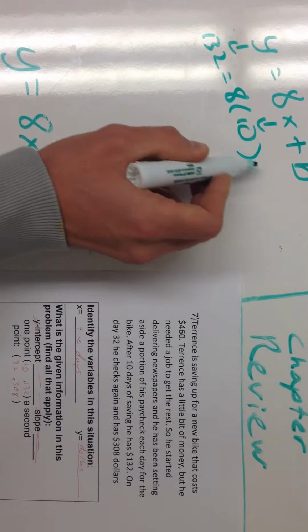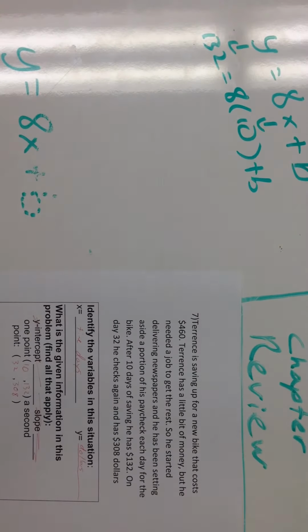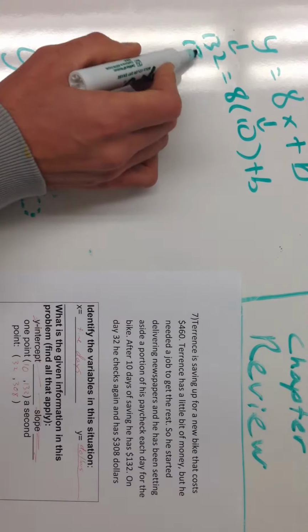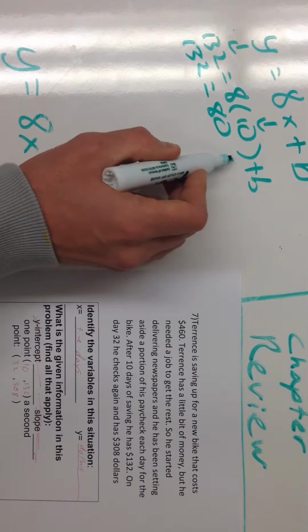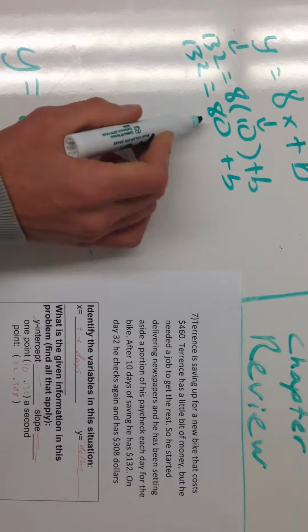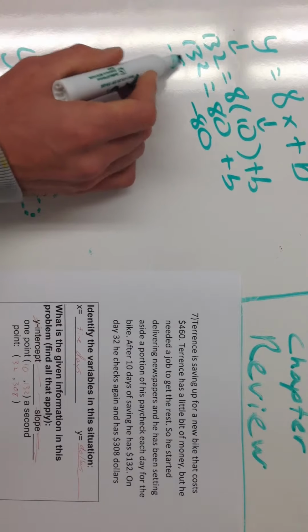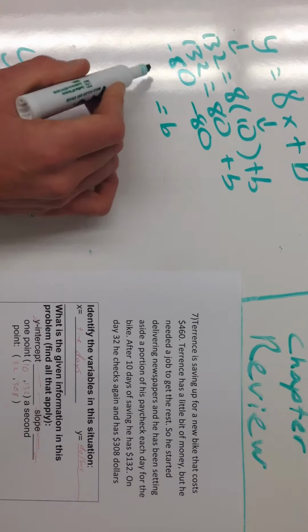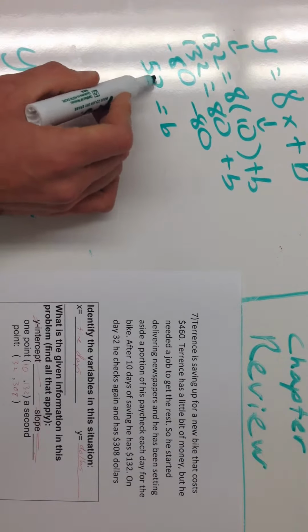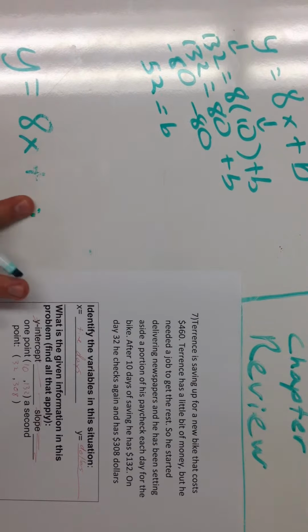Everything else comes down and follows. Now I'm just solving that equation for b. So I have 132 equals 80 plus b. I'm going to subtract 80 from both sides, and I get b equals 52. So my equation is y equals 8x plus 52. I erased it a little bit.